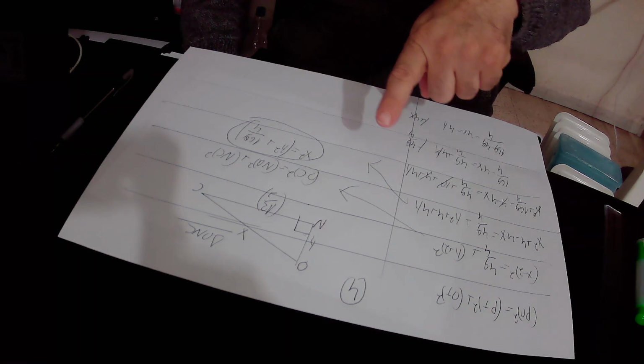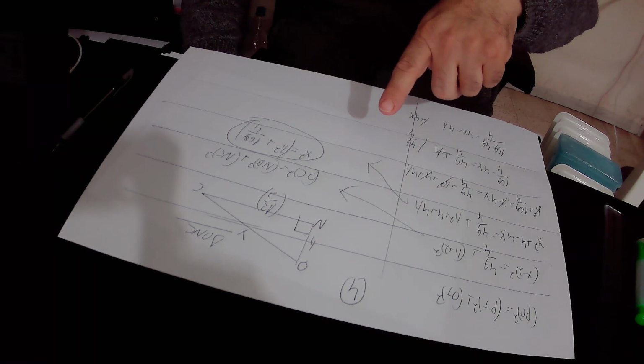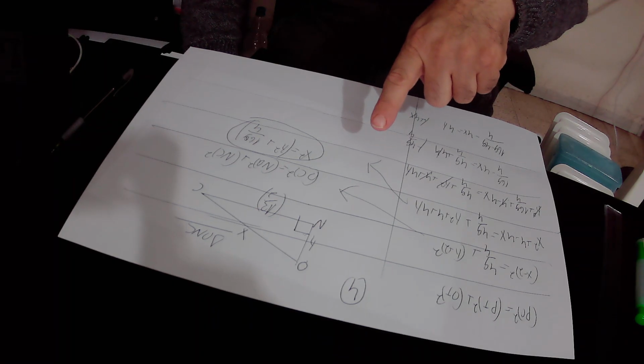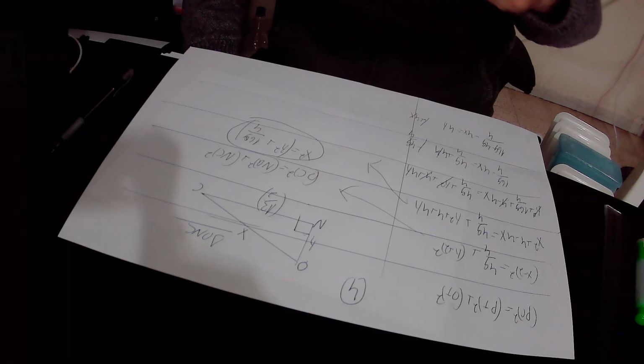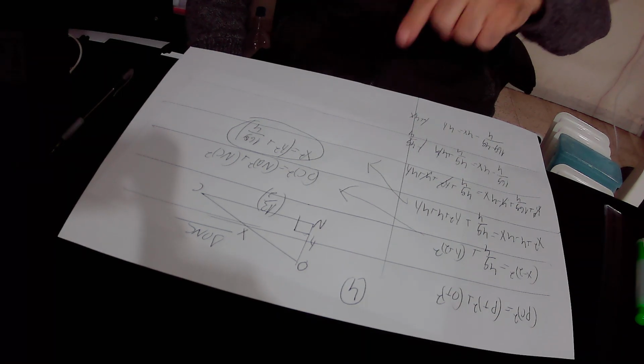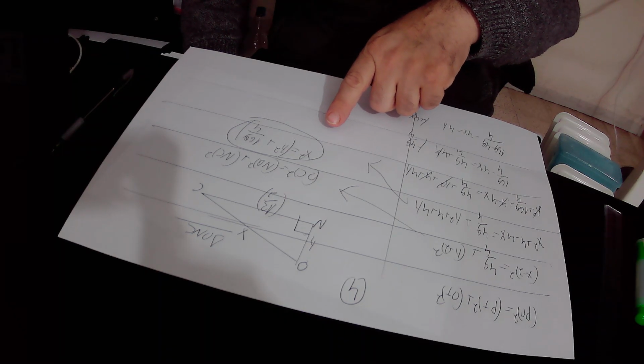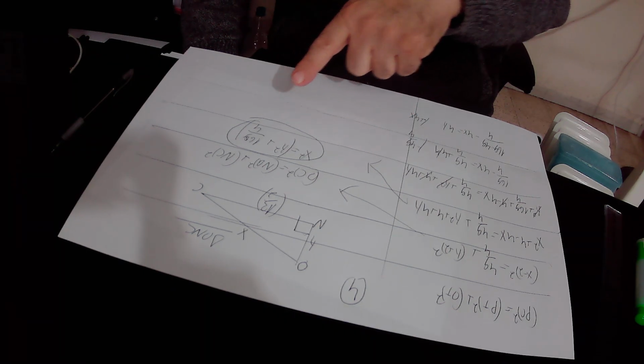OC is x, therefore OC squared is x squared, and it is equal to NO squared. NO is h, therefore NO squared is h squared, plus NC squared. NC is 13 over 2, therefore NC squared is 169 over 4. So in conclusion, x squared equals h squared plus 169 over 4.